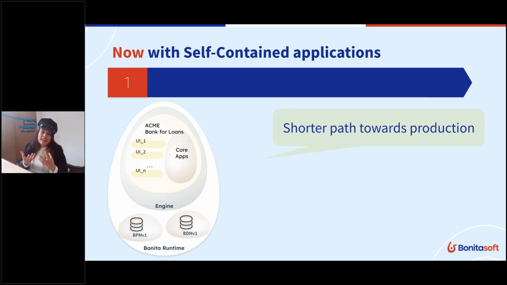Self-contained applications already contain everything inside. So you just need to figure out where you can put them and run them, but everything is already configured in there. So it's shorter.